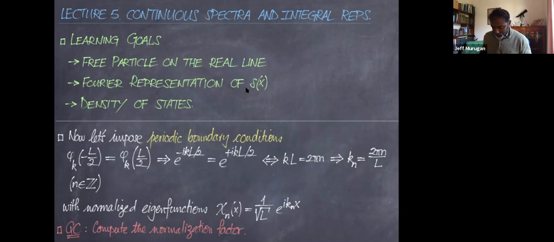So far we've talked about eigenfunctions and eigenvalues, and my statement previously in the discrete system that we were looking at was that I get a set of orthonormal, complete eigenfunctions, which will form a basis for any function.